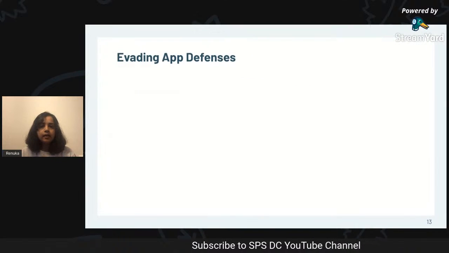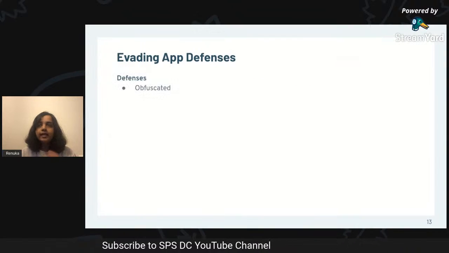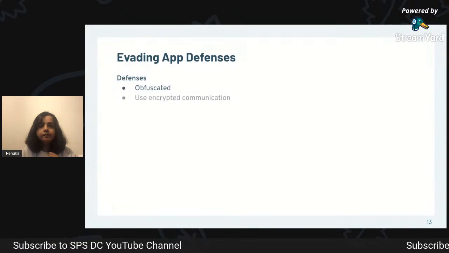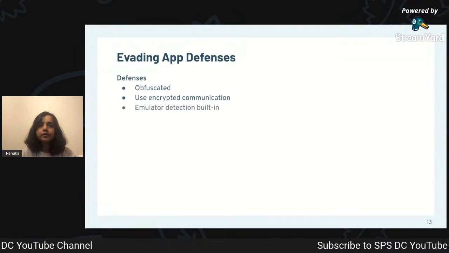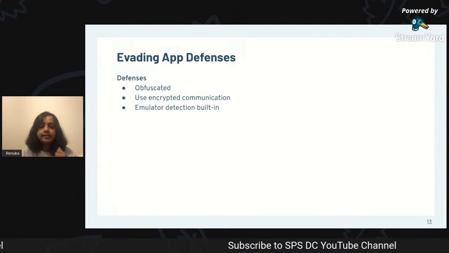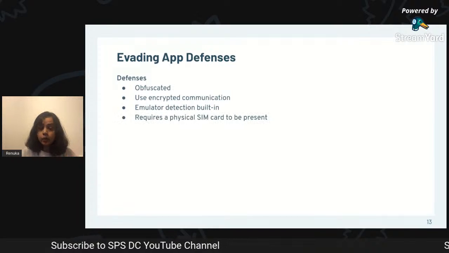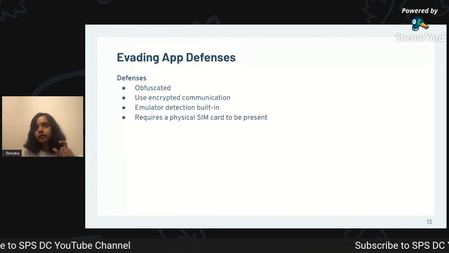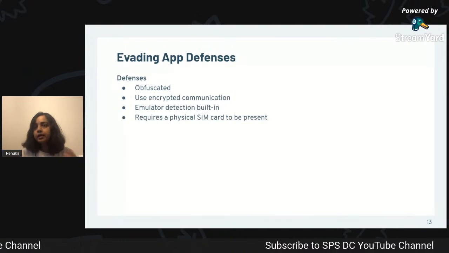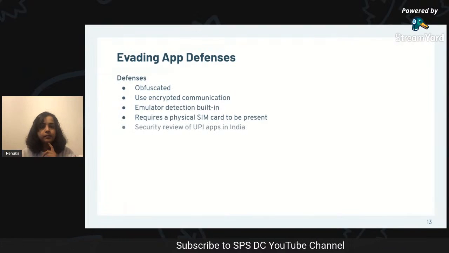For instance, these apps were all obfuscated. They used encrypted communication. They could detect the presence of an emulator. They required a physical SIM card to be present on the phone, which essentially made dynamic analysis very difficult.